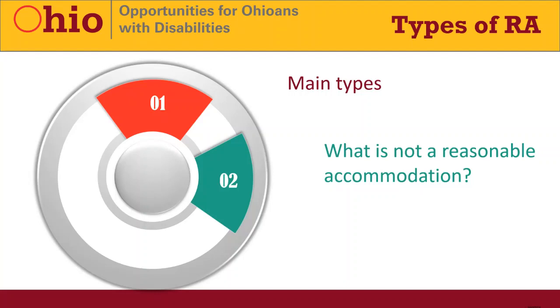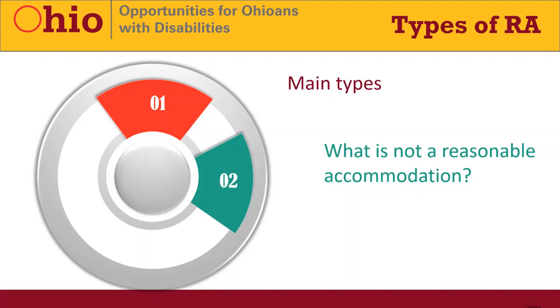Also, an employer is not required to lower quality or production standards as a form of reasonable accommodation because employees with disabilities are expected to be able to perform the job's essential functions with or without a reasonable accommodation.